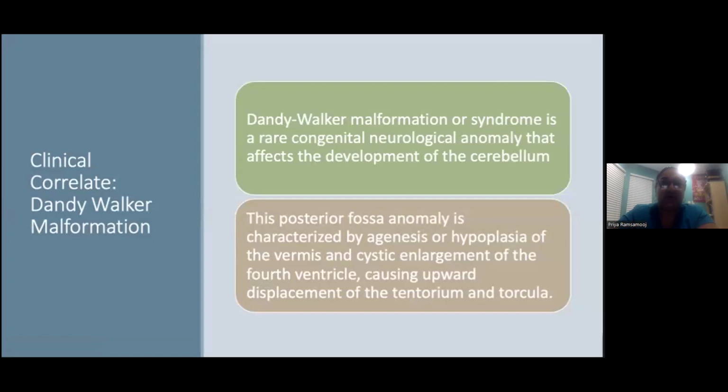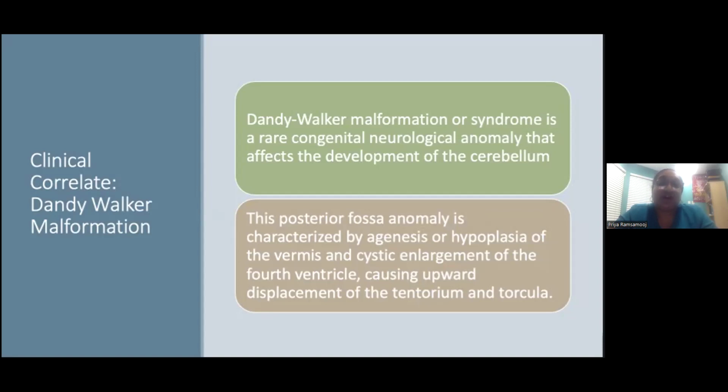So your Dandy-Walker malformation or syndrome is a rare congenital anomaly. A lot of these patients end up having hydrocephalus, or you find them with hydrocephalus at the time of diagnosis. And this is really a posterior fossa anomaly that is characterized by three things. You have agenesis or hypoplasia of your vermis, and cystic enlargement of your fourth ventricle, causing upward displacement of your tentorium and your torcular.